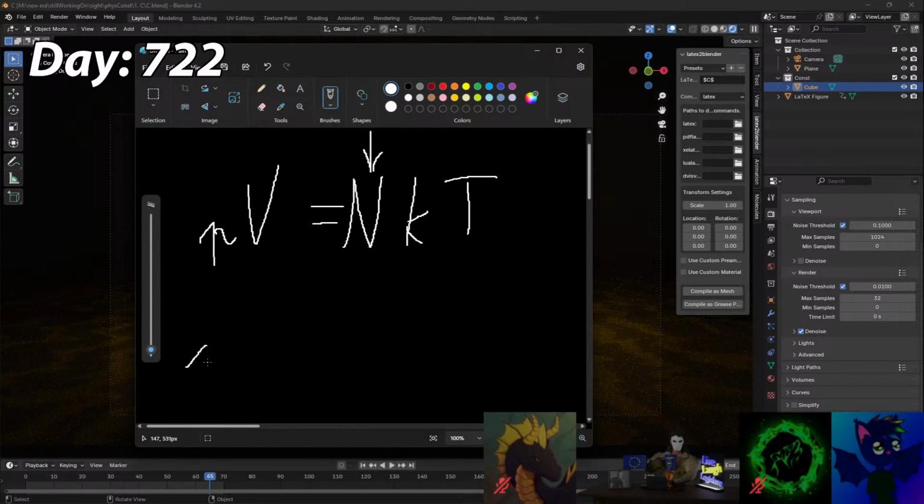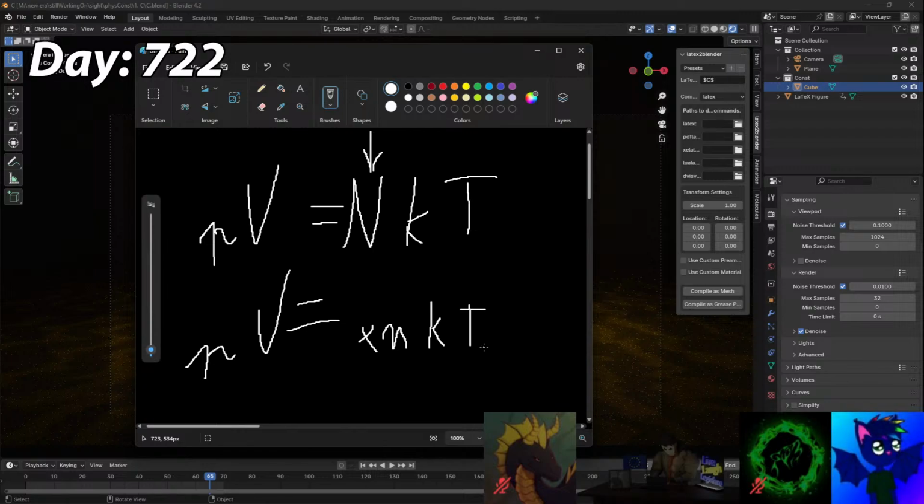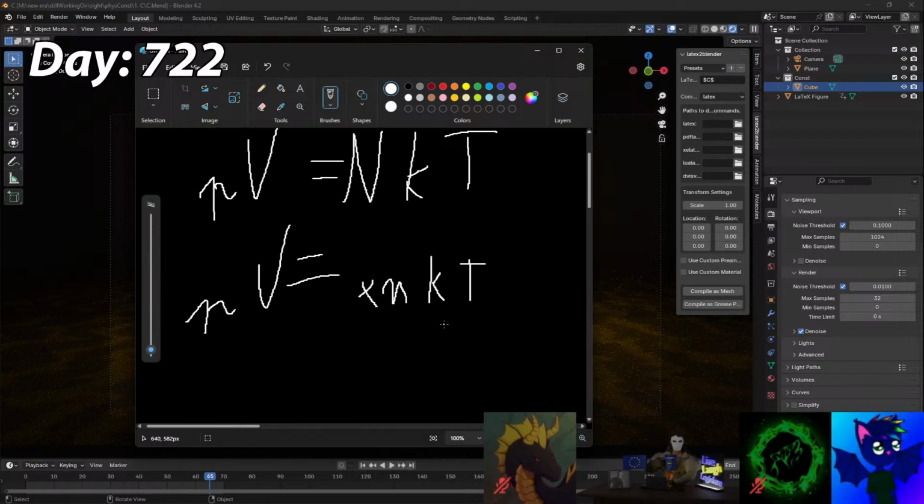So we could just do PV is equal to X N KT, and in this case this would be X lowercase n KT, and this would work then, right? Just like with kilometers, you can scale them up or down. Cool. So in this case, we get pressure times volume times moles times Boltzmann constant times temperature.